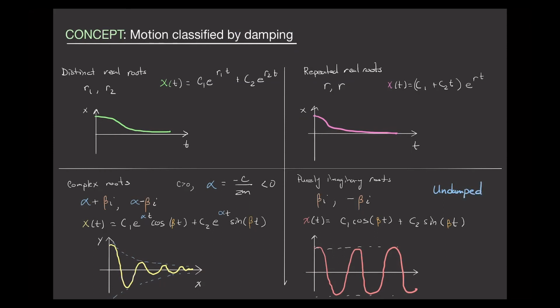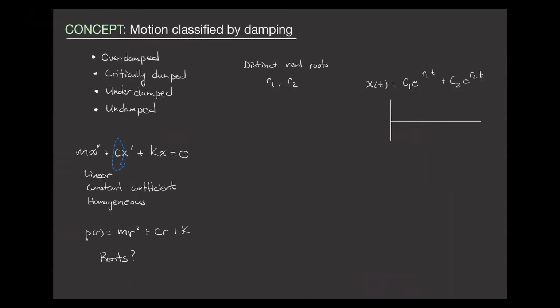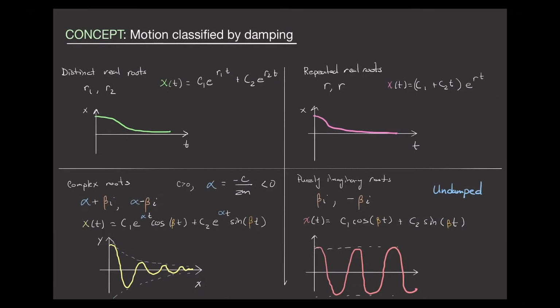The damping really comes from both, and I'm going to flip back to the other page. It comes from whether this C is 0 or not, and then after that, what is the relationship between these three things. What their relationship is comes out through the quadratic formula, which depends on what kind of roots you're going to get.